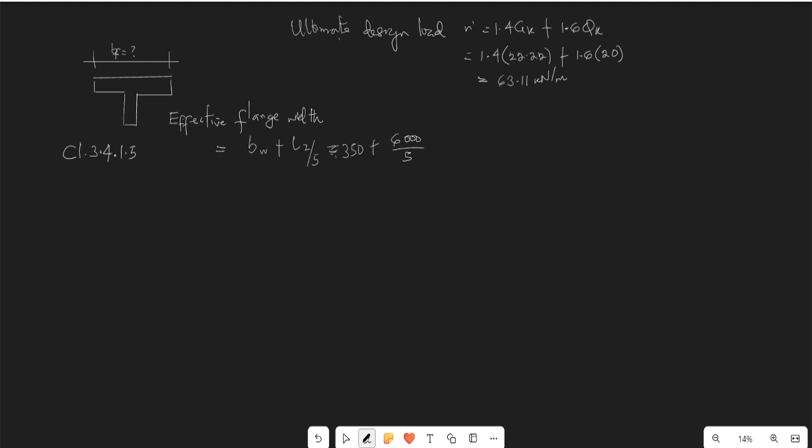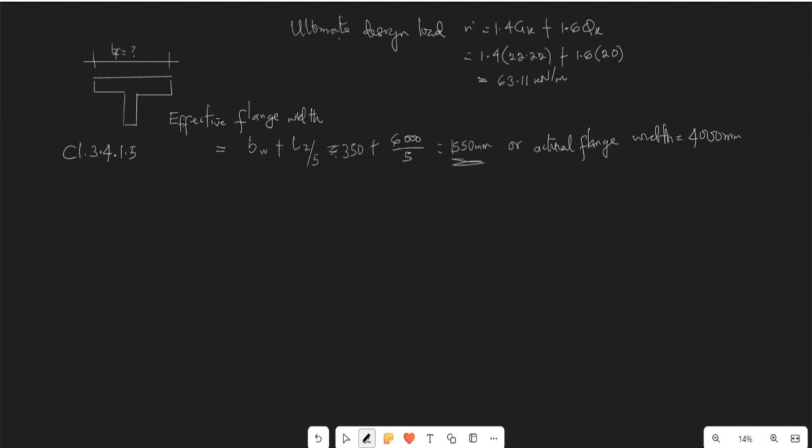The question says the beam is simply supported over a span of 6 meters. So that's how we got that 6 meters. So this would give us 1550 mm. All right, so this is to be compared with the actual flange width, which is equal to 4 meters, 4000 millimeters.